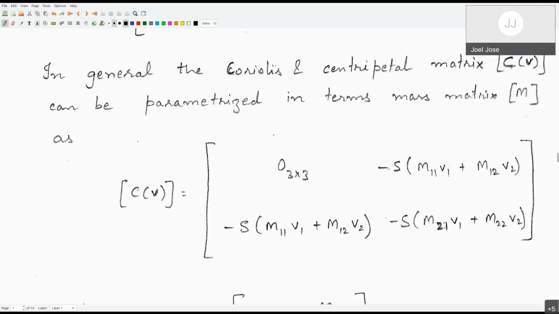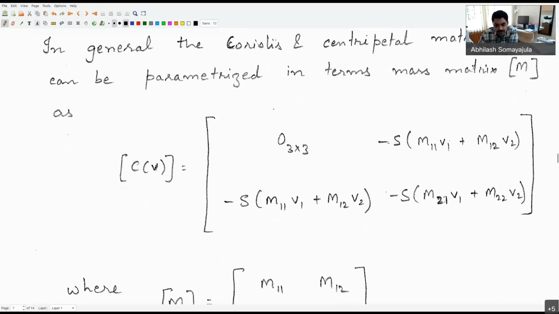If I took any one of those representations, I can actually observe that this Coriolis matrix is zeros in the 3 cross 3 first submatrix. The second portion of the submatrices are parameterized in terms of the mass matrix.